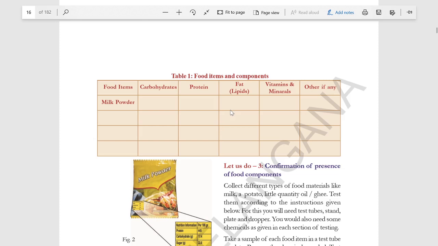Amino acids are nothing but nitrogenous compounds, and these amino acid residues are joined by peptide bonds. So they form a chain and join together with peptide bonds. What elements do these proteins contain?